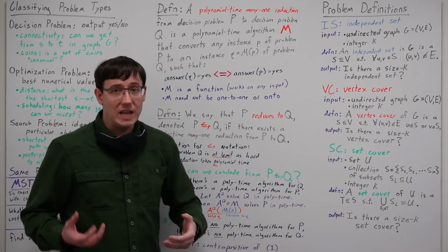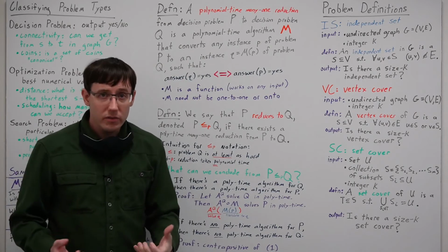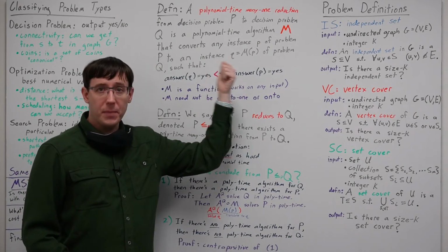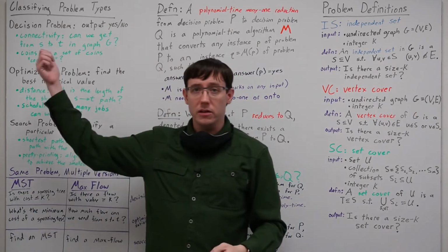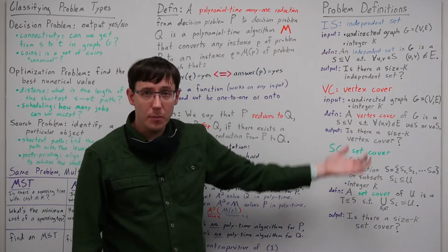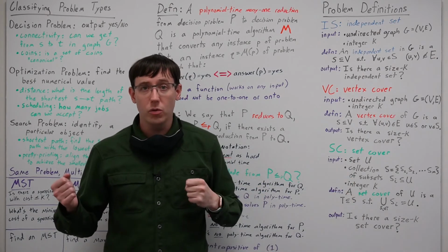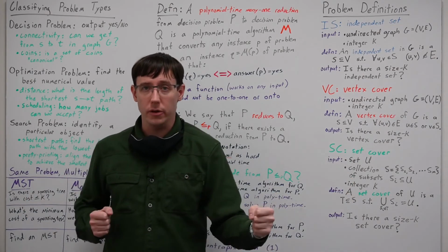So Q is at least as hard to solve as P. So now that we've defined polynomial time many-one reductions between decision problems, let's take a look at some examples of decision problems and think about how to reduce from one to another.